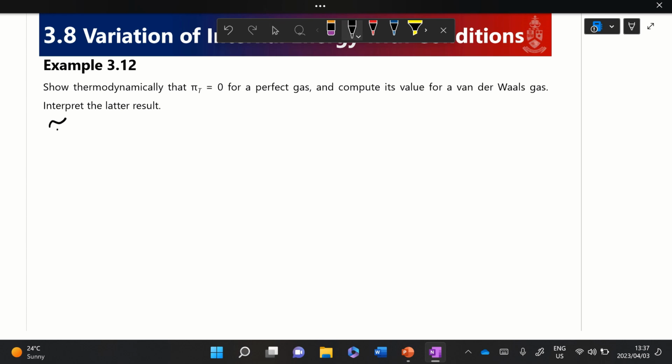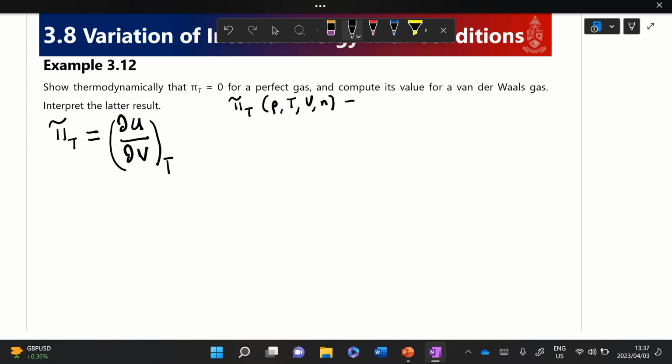So let's first write down the definition of the internal pressure of a gas. π_T equals (∂U/∂V) at constant T. That is our principal definition. What we mean by show thermodynamically is that we want to find an expression for π_T only in terms of temperature, pressure, volume, and moles, so π_T as a function of pressure, temperature, volume, moles.